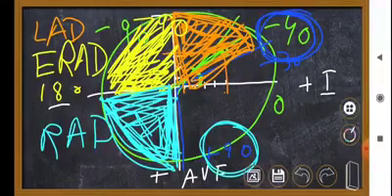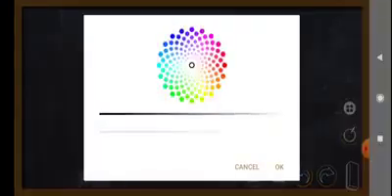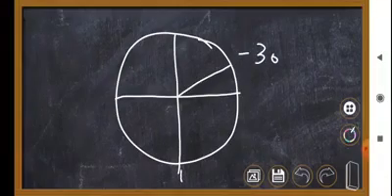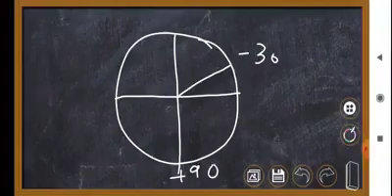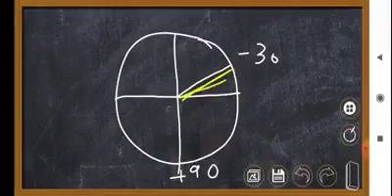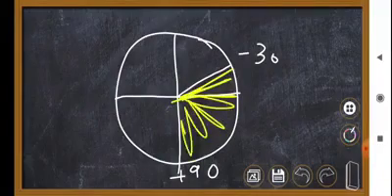So now to simplify this figure, I'm going to draw it again. This is our square and these are our reference lines. This is minus 30 and this is plus 90. This area is the area of the normal axis.